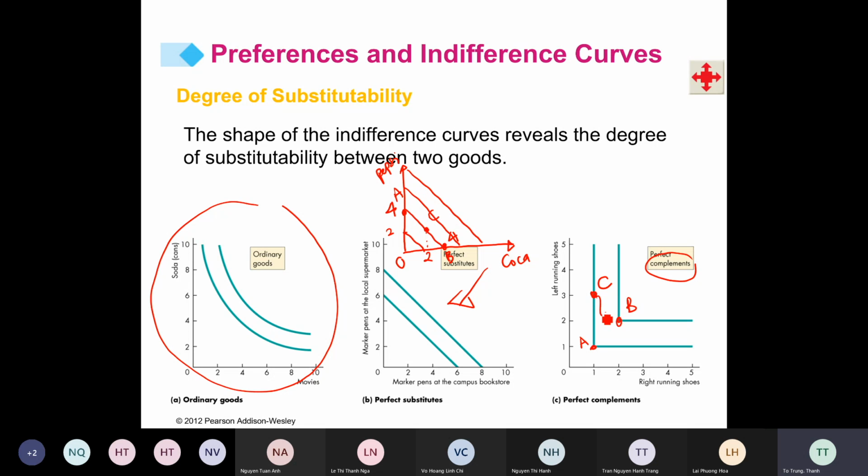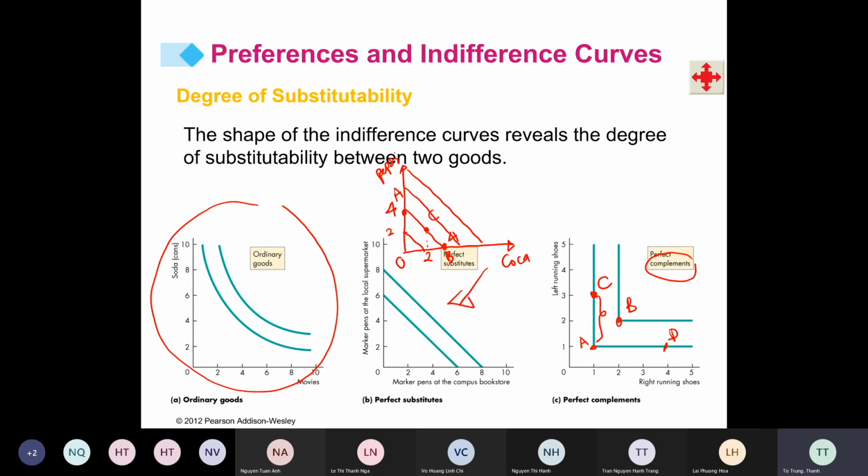The two extra left shoes are redundant, right? These two left shoes do not give me any higher level of satisfaction, because I have only one pair of shoes to consume. So point C gives me the same level of satisfaction.